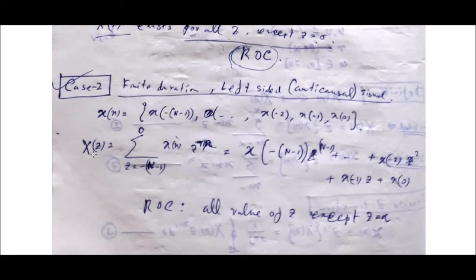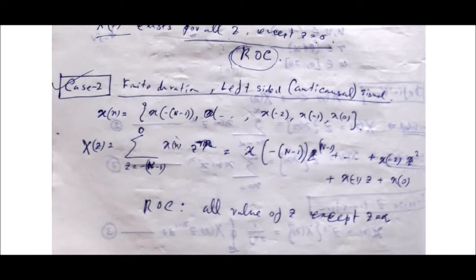Again, if you do the z transformation X(z), it should start from minus N minus 1 because samples will start from minus N minus 1 and it will end at 0 because it is left sided. Right side of the y axis will not have any value because all the samples are 0. Now it will be x[n] z to the power minus n. If you put those, first sample will be x[-N+1], in place of n you have to put minus N minus 1.